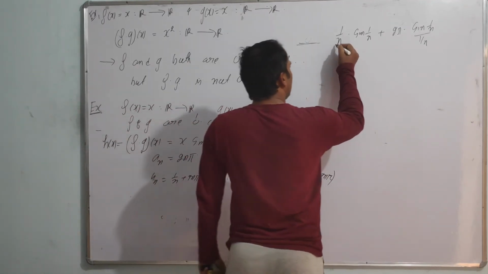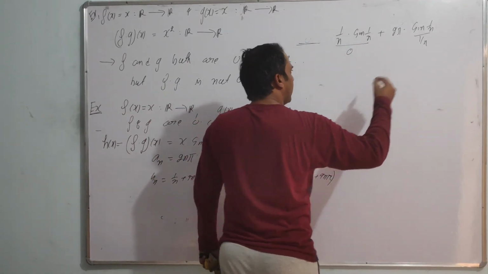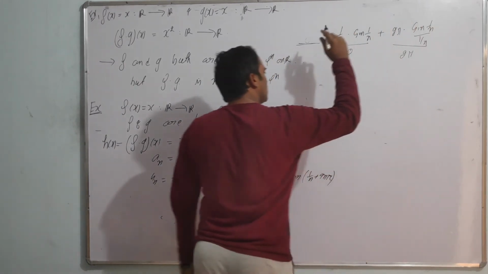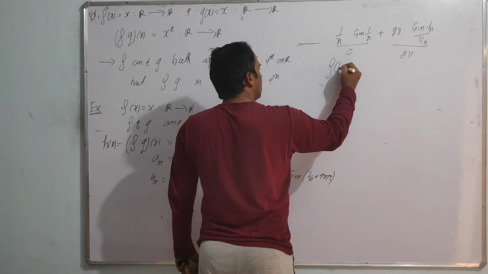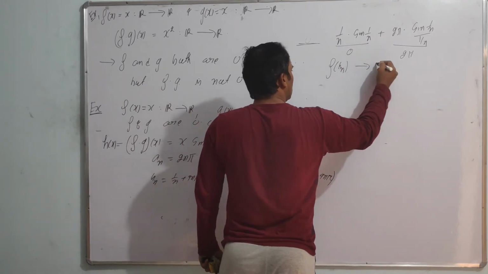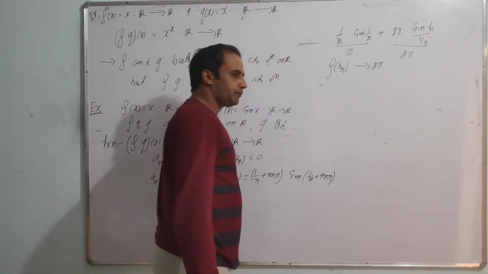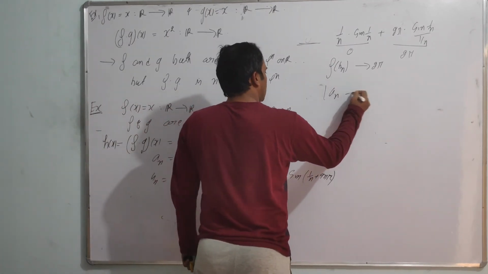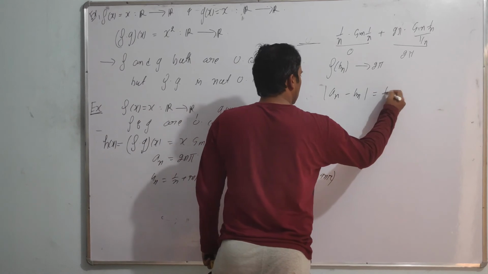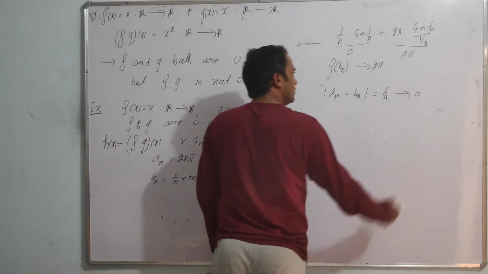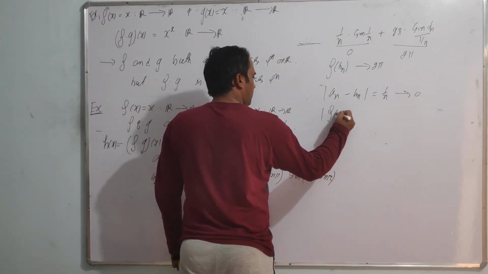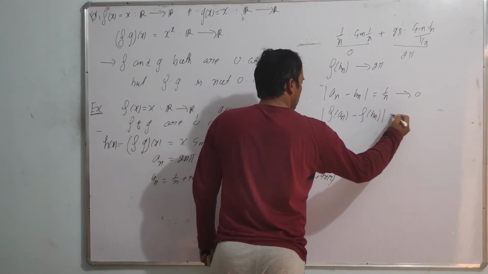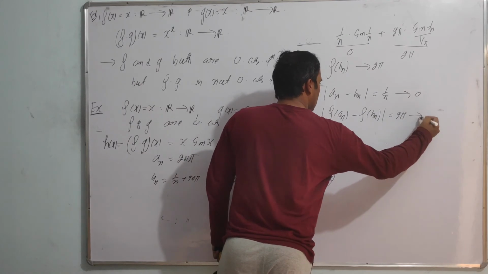As n tends to infinity, this term tends to 0 and this term tends to 2 pi, because this value tends to 1. So h(b_n) is tending to 2 pi. Now if we find |a_n - b_n|, which is obviously 1/n, it converges to 0, and |h(a_n) - h(b_n)|, which is equal to 2 pi, does not converge to 0.